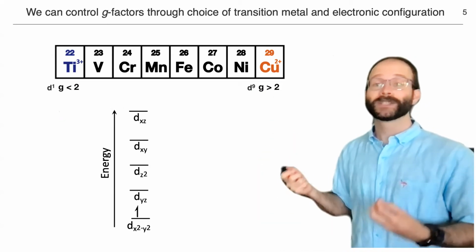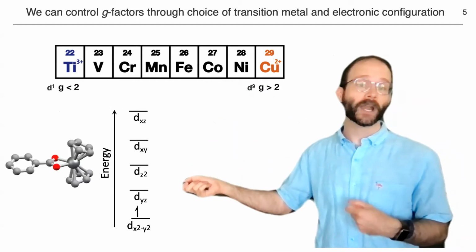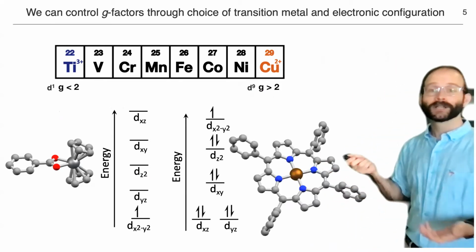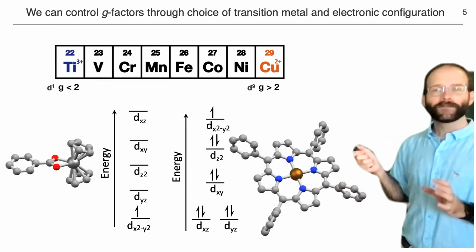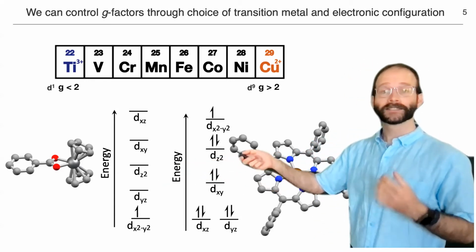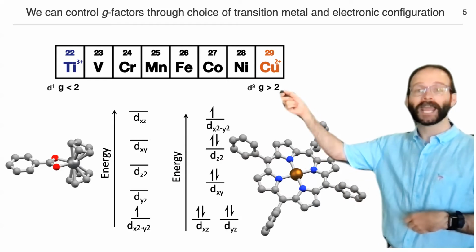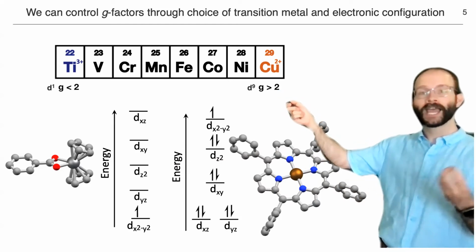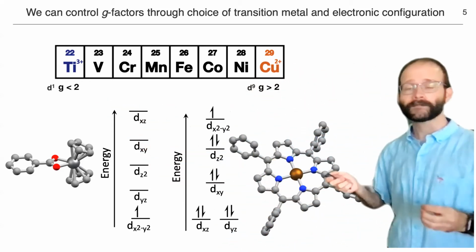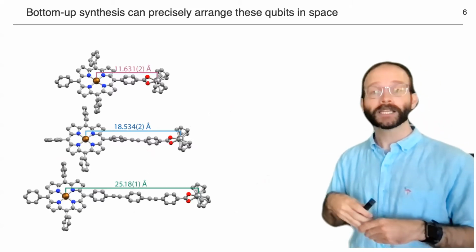If we use elements with different electron configurations from the ends of our transition series, such as this d1 titanium(III) titanosyl benzoate, or a d9 copper(II) tetraphenyl porphyrin, we can leverage the fact that these less than half filled and more than half filled sublevels lead to opposite spin-orbit coupling shifts to the g factor, meaning that we get a copper center with a g of greater than 2 and a titanium center with a g of less than 2, achieving this spectral addressability.